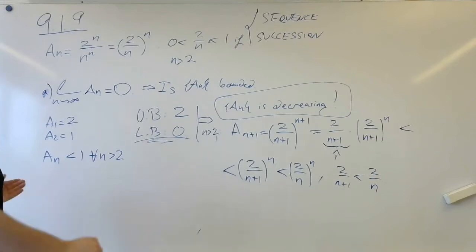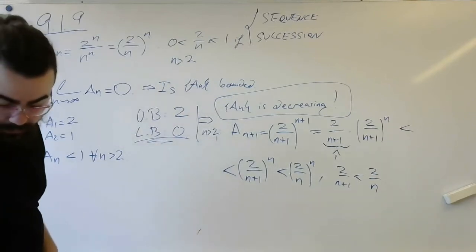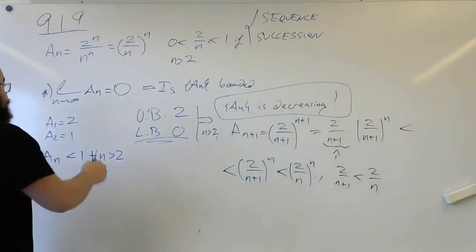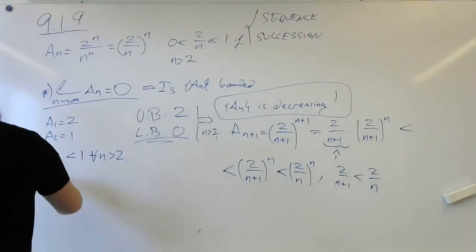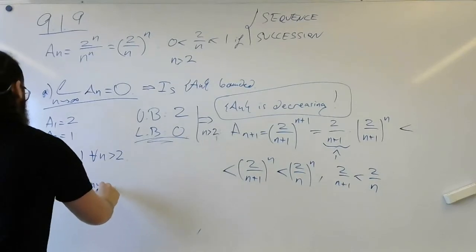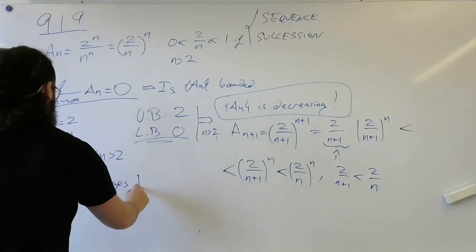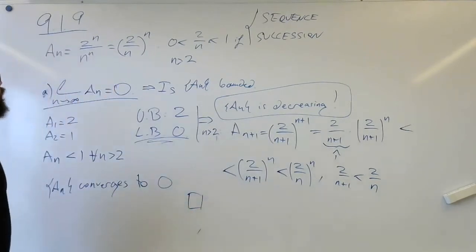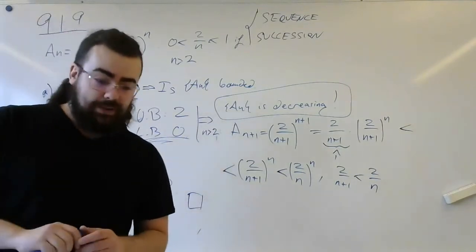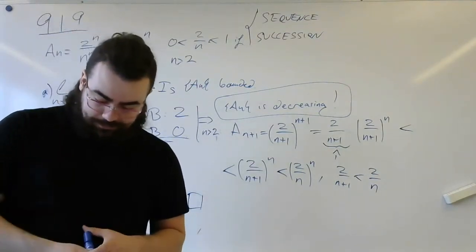Is it alternating? Obviously not. Is it convergent? It is convergent. It converges to 0. And that's all we need about this sequence.